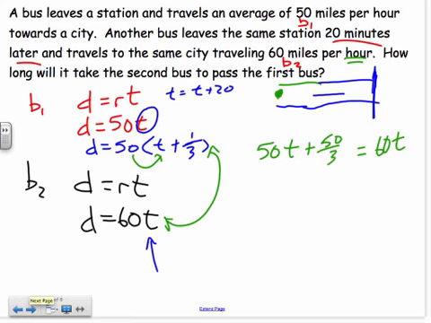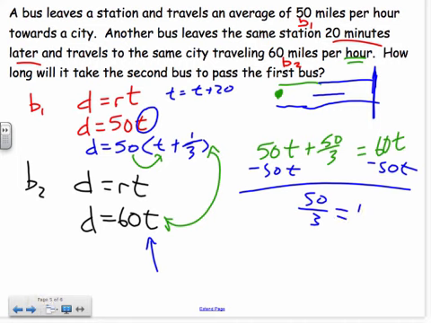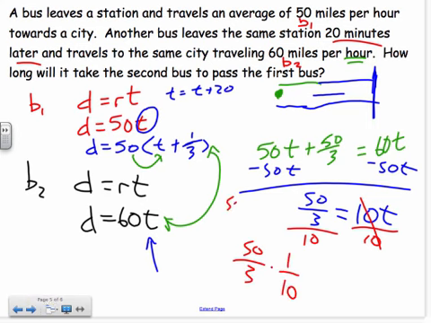So now we get our t's to one side. So subtract 50t. And we got 50 over 3 equals 10t. And we're going to need to divide by 10. And this is very similar to what we did before. So it's really 50 over 3 divided by 10, which is the same thing as multiplying by the reciprocal.